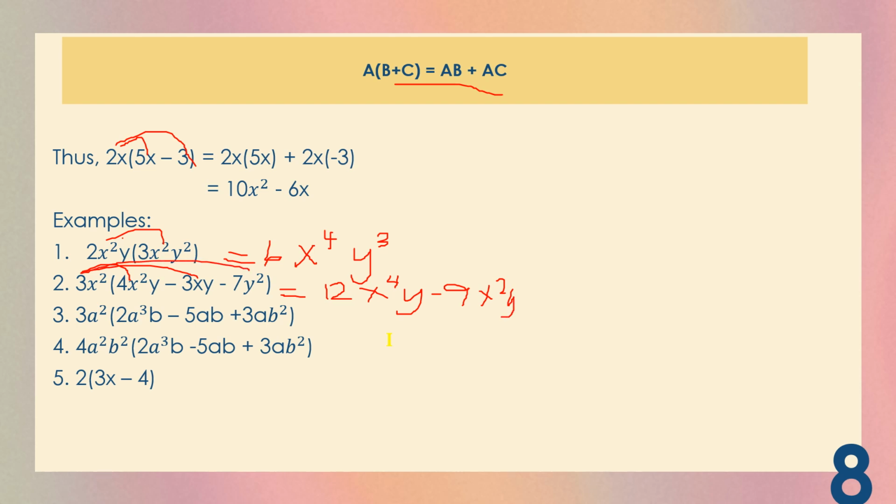And then 7 times 3, that's 21, x squared y squared. Because they don't have the same variables, just copy.